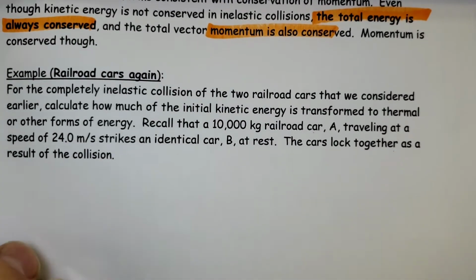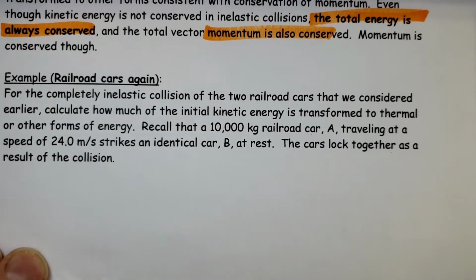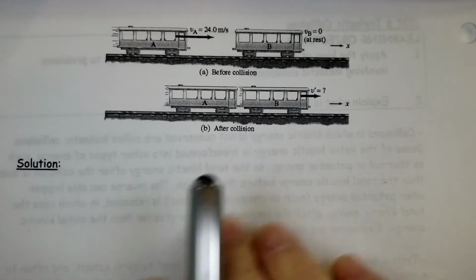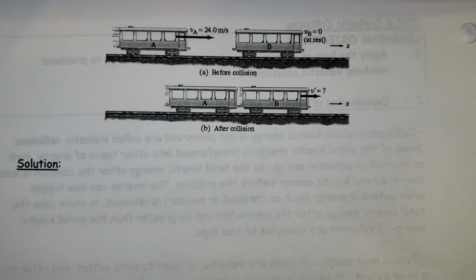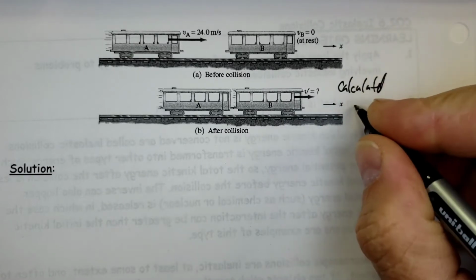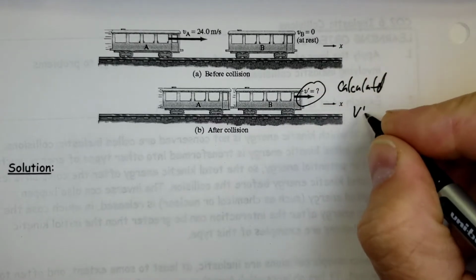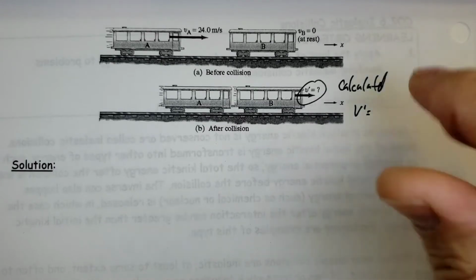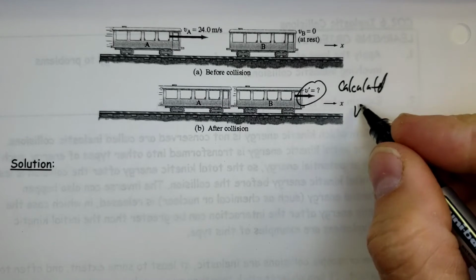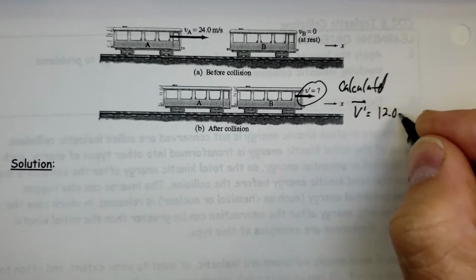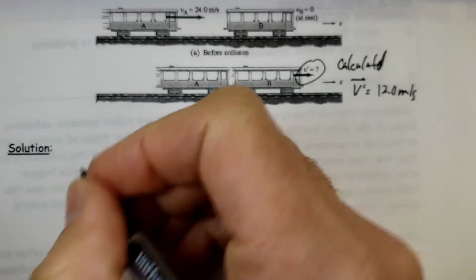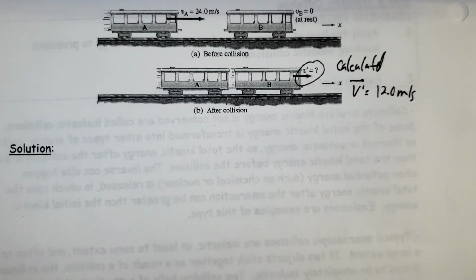We used conservation of momentum to calculate V prime, because they both travel at the same velocity, so there's no need to separate it into VA prime and VB prime. We calculated it to be 12 meters per second.